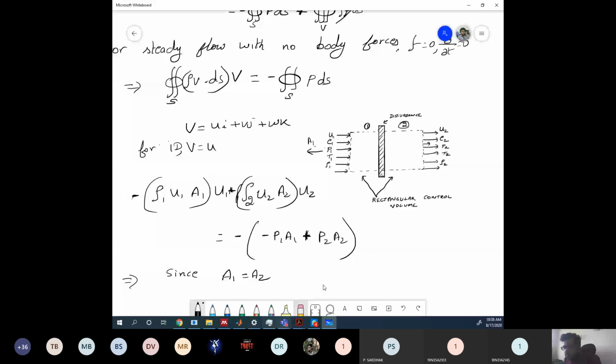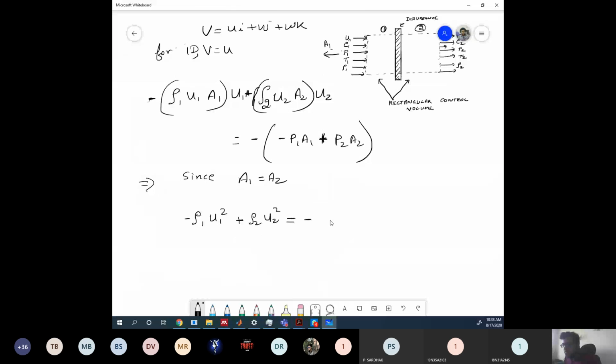So now you'll end up with rho 1 U1 square plus rho 2 U2 square is equal to P1 A1 minus P2, sorry, P1 minus P2. Since A1 is equal to A2, everywhere area will move out, right?